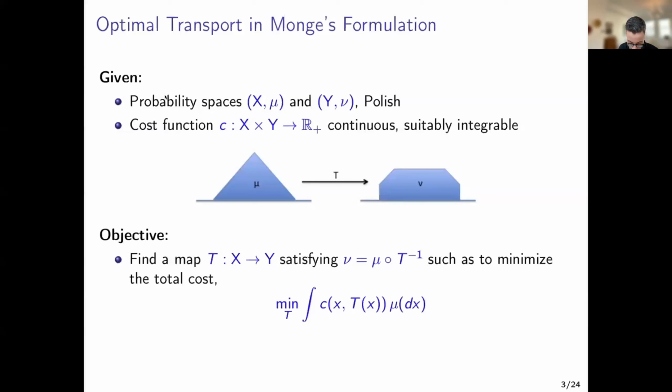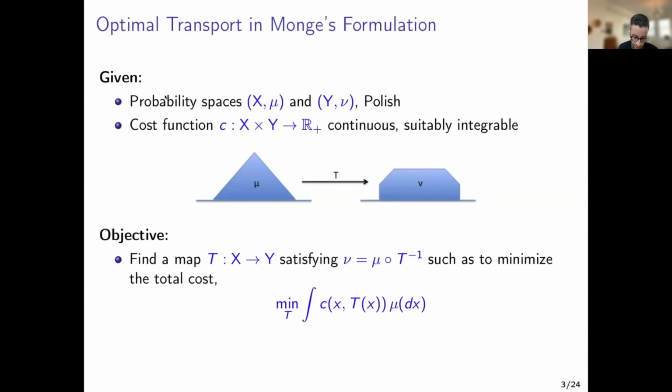Mathematically it means that mu is pushed forward by T into nu. If I think of T as a random variable, and under the probability measure mu, its distribution is exactly nu. So those are the maps which transform one sand pile into the other.